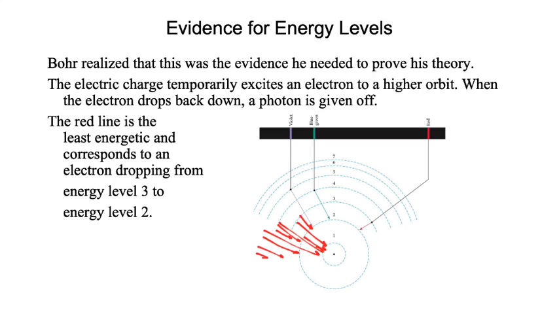Why do I only see 3 different lines, and not for all of those? Those jumps are the only jumps that fall within the visible range of energies. The other jumps are outside the range, so we don't see them.